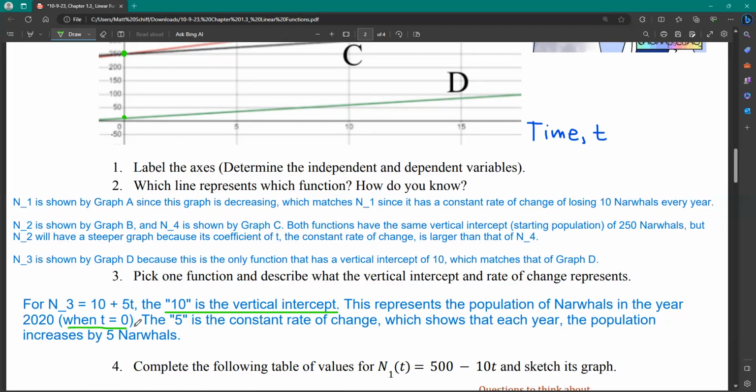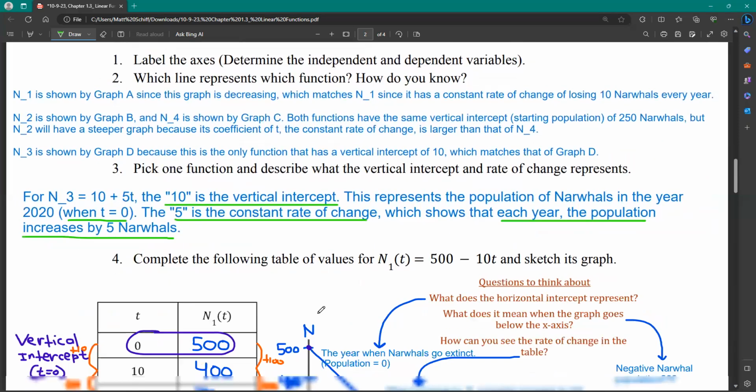So before any time has gone by, you have a starting population. And then the coefficient of t, the 5, is the constant rate of change. Each year, the population increases by 5 narwhals. So we describe it using that unit increase. For every 1 year that goes by, population changes by a certain amount.